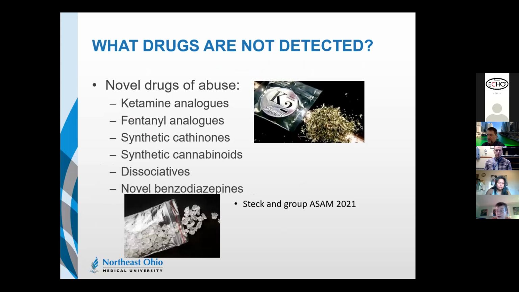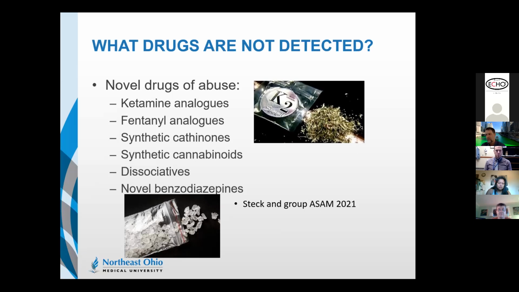Just a reminder of drugs that patients may use and become dependent on, develop a use disorder around, but are not picked up on our usual drug screens. These are ketamine and fentanyl analogs, synthetic cathinones, that's bath salts, that kind of drug, and synthetic cannabinoids, that's K2, and that whole other series of synthetic cannabinoids that are harder to distribute and use in Ohio than in some other states, but are still around.